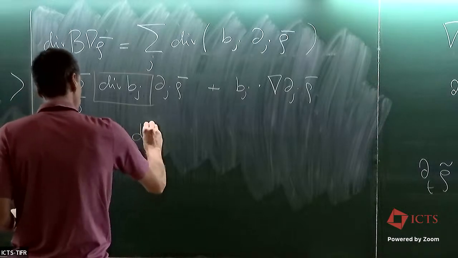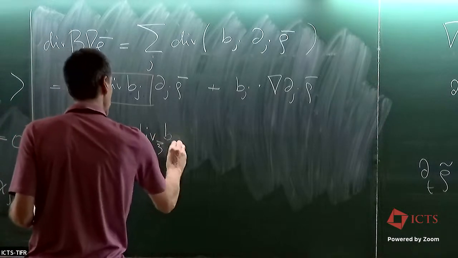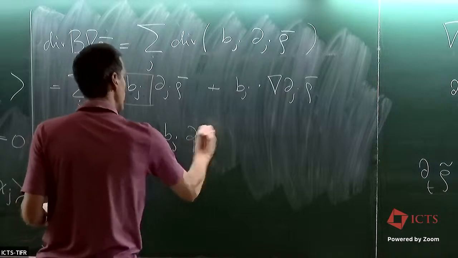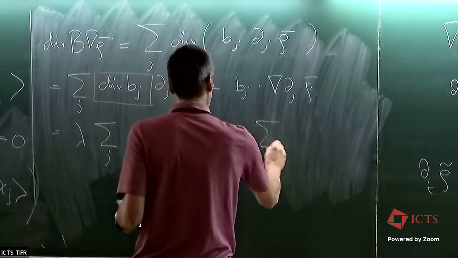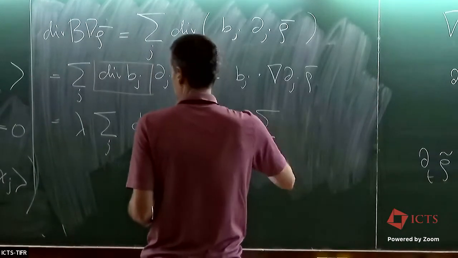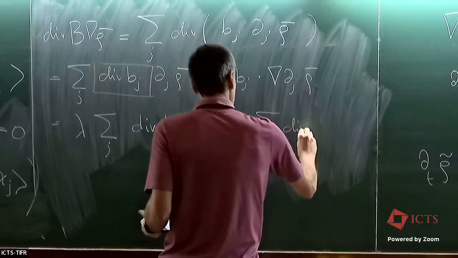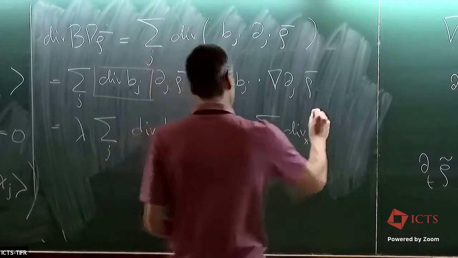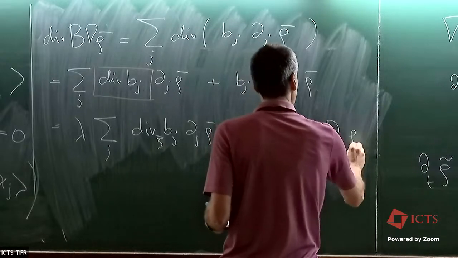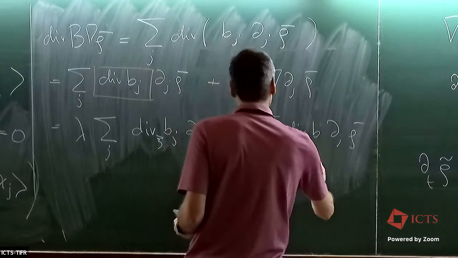which is the divergence in the psi variable. And then there is another one which does not have the lambda, which is the divergence in the x variable. And then this one.